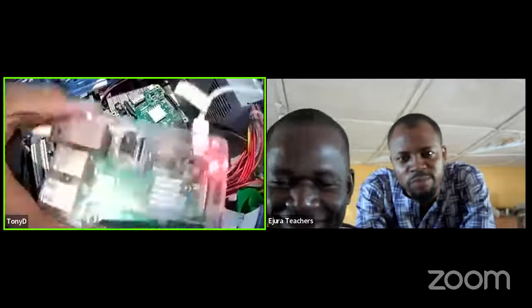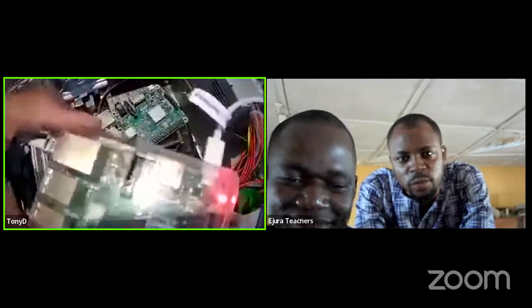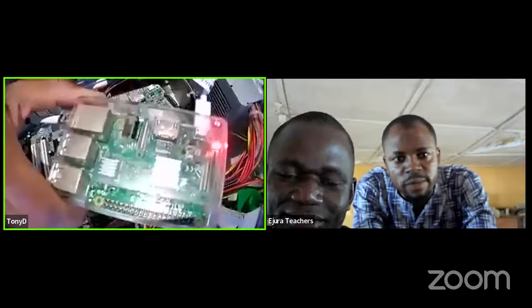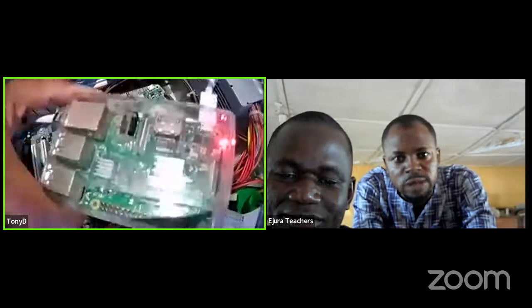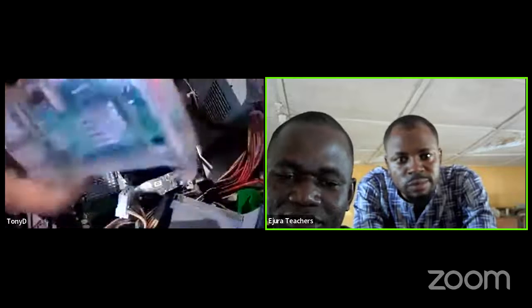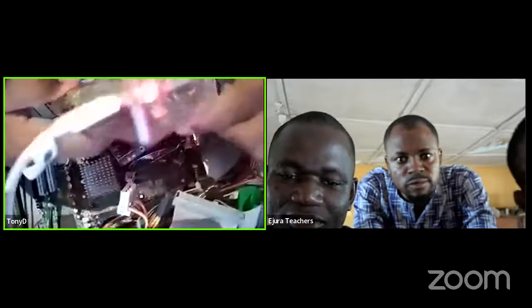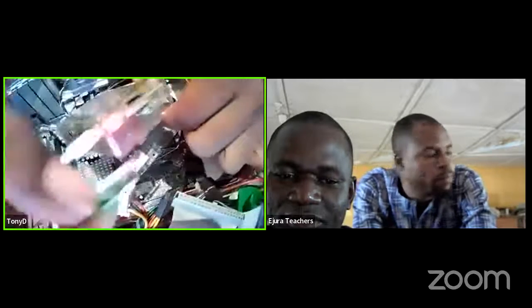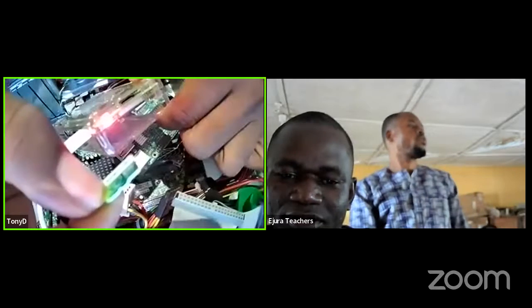This one has Windows on it. It's a Windows operating system. And this is where the memory is. Can it connect to any size of monitor?